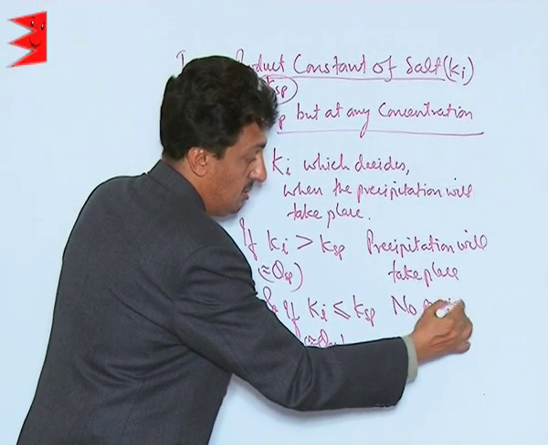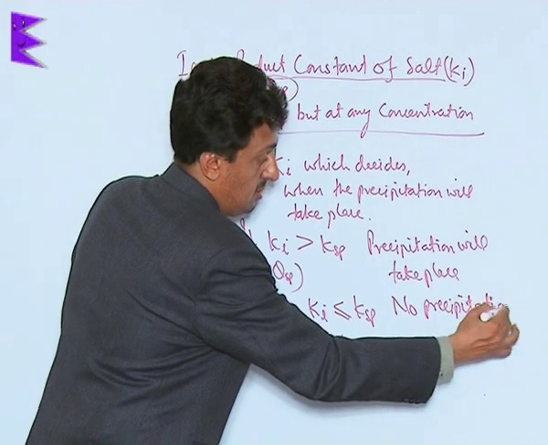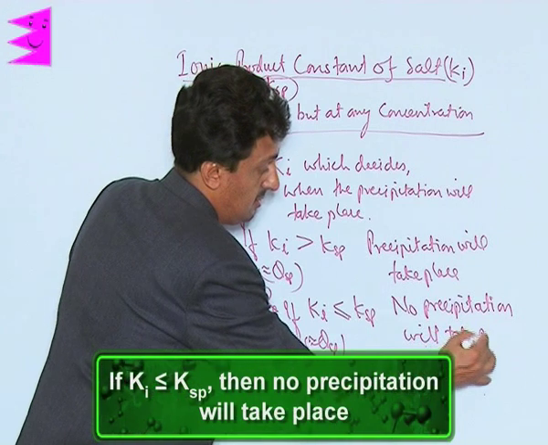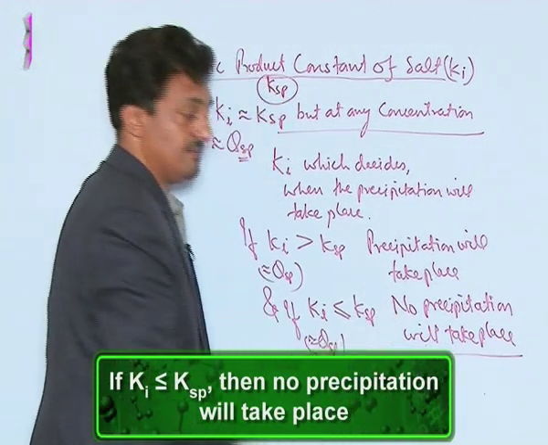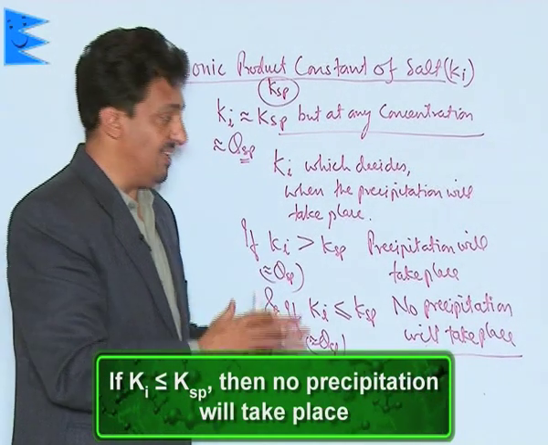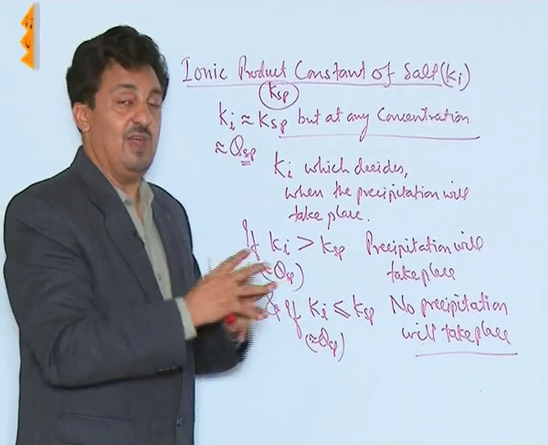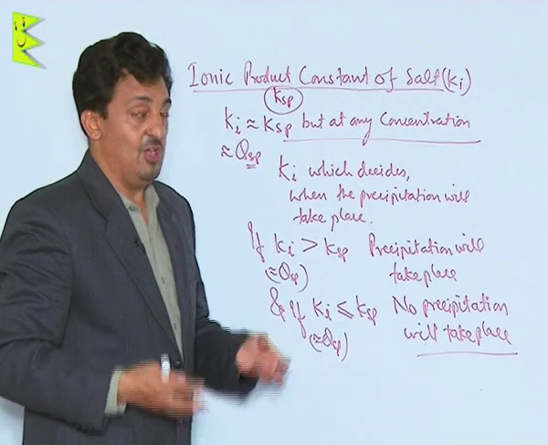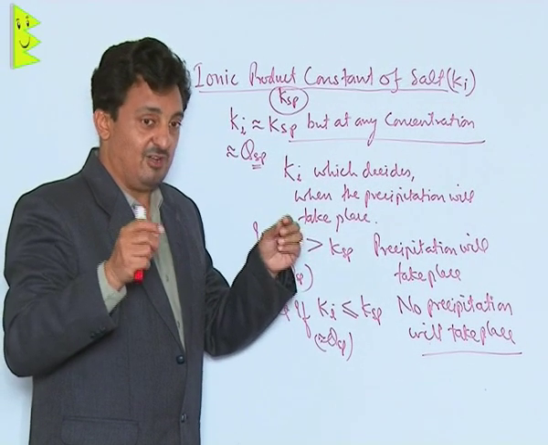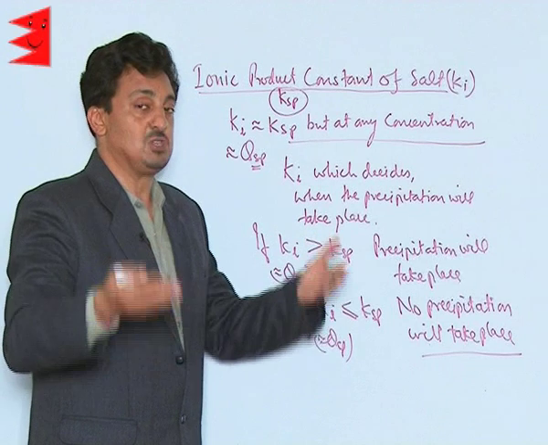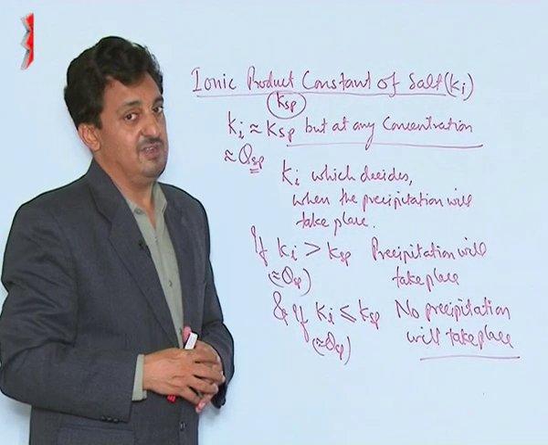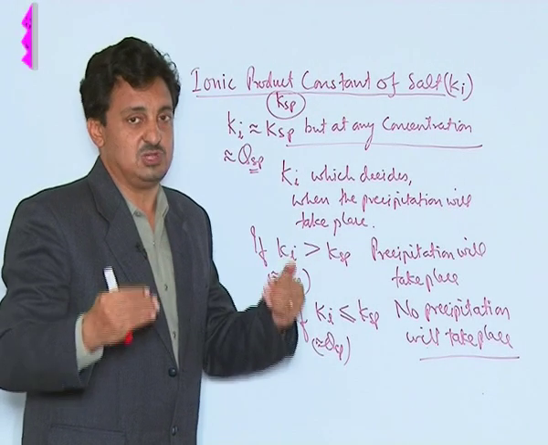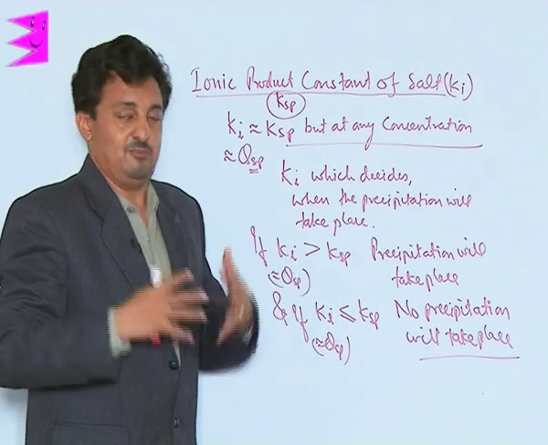no precipitation will take place. So that is how this information is very valuable to us to determine when a precipitation will take place, or how much of quantities of the two different salt solutions or ion solutions is to be taken so that their precipitation will take place, or to prevent their precipitation they should be taken minimum of so much of concentration so that they should not form precipitates.